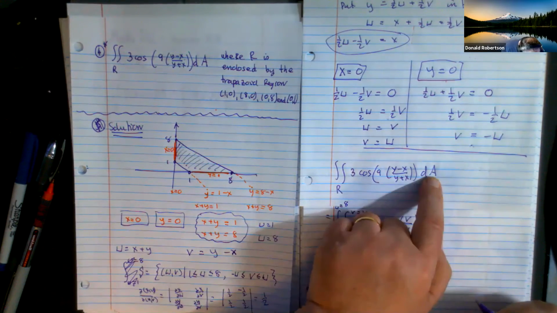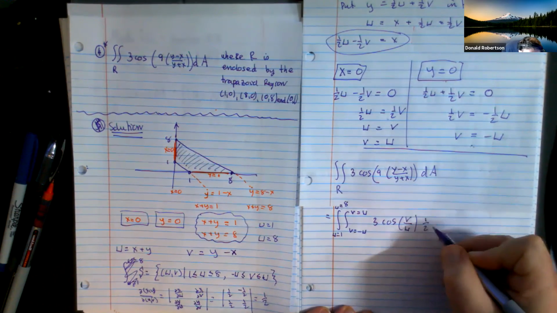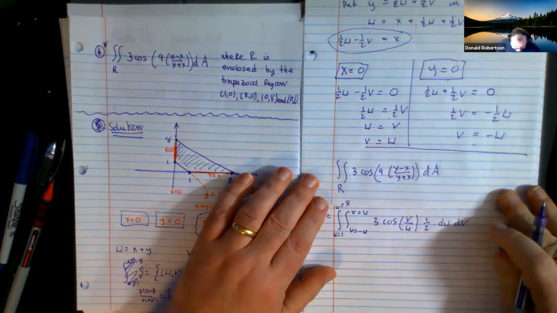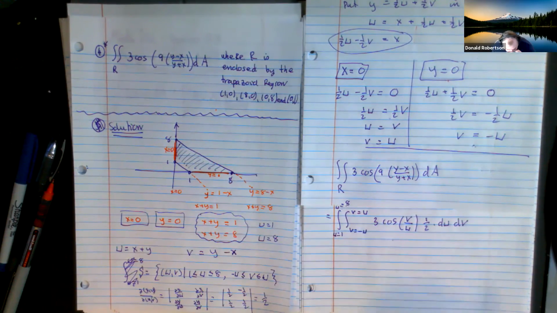Instead of the dA, we have the Jacobian, du dv. And that is the new integral.